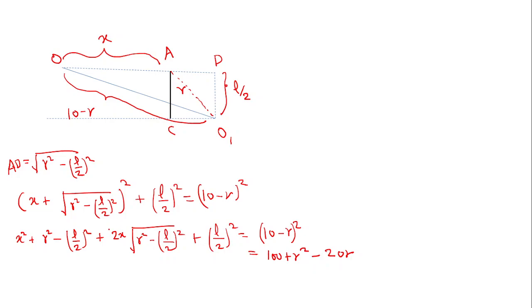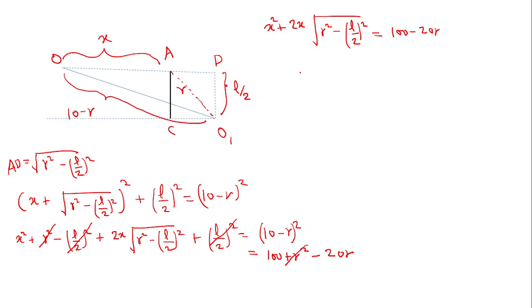Now you try to cancel out the things. This R square cancels this one, and this L by 2 square cancels this one. So what remains is X square plus twice of X times under root R square minus L by 2 square equal to 100 minus 20R.